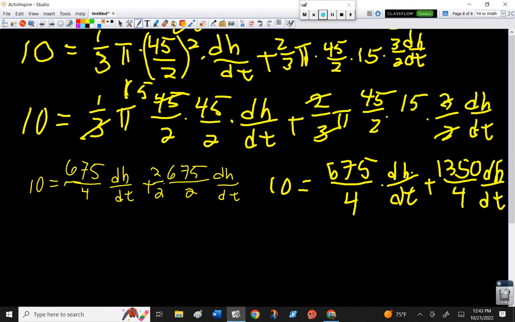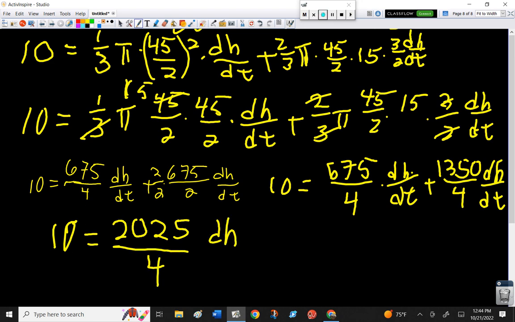Now that those have common denominators, ladies and gentlemen, I can go ahead and add them together. That's 10 equals 675 added to 1350, which is going to give us 5, 2, carry the 1, 0, carry the 1, 2. So 2025, which is my room number, by the way, not a coincidence. I mean, yeah, it is a coincidence. And now, to solve for dH dt, simply divide by 2025 over 4.